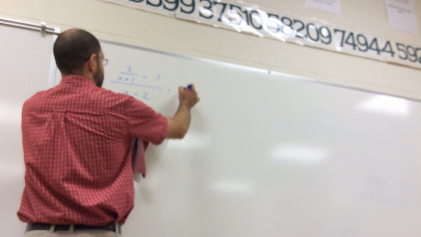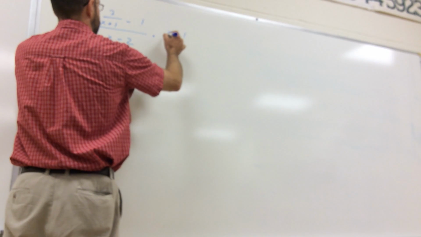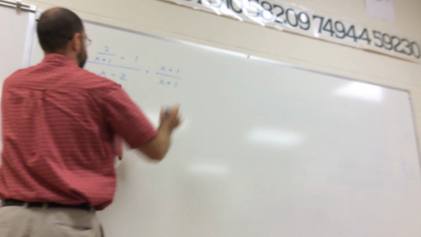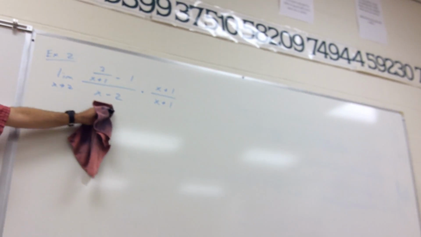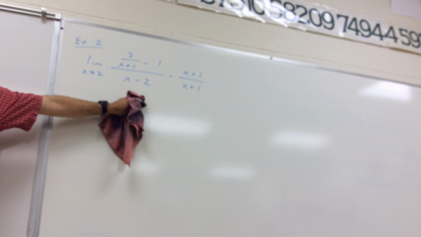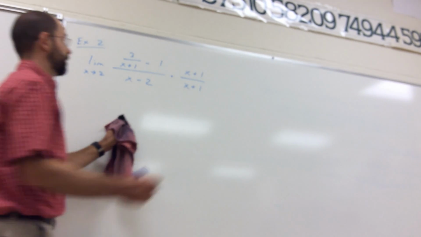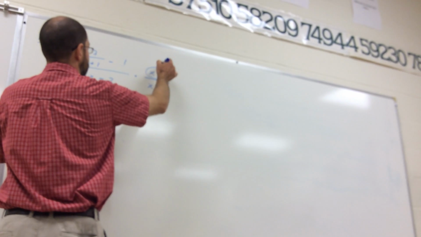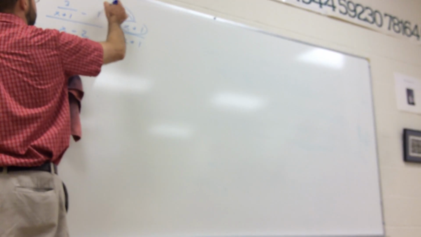So then you take that and you multiply it on the top and the bottom. So x plus 1 is the least common denominator, and we're multiplying that on both top and bottom. Okay, so it distributes past the minus.